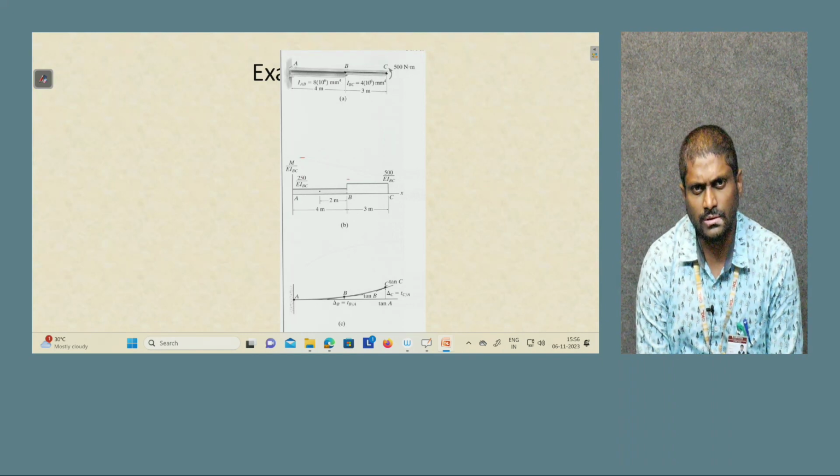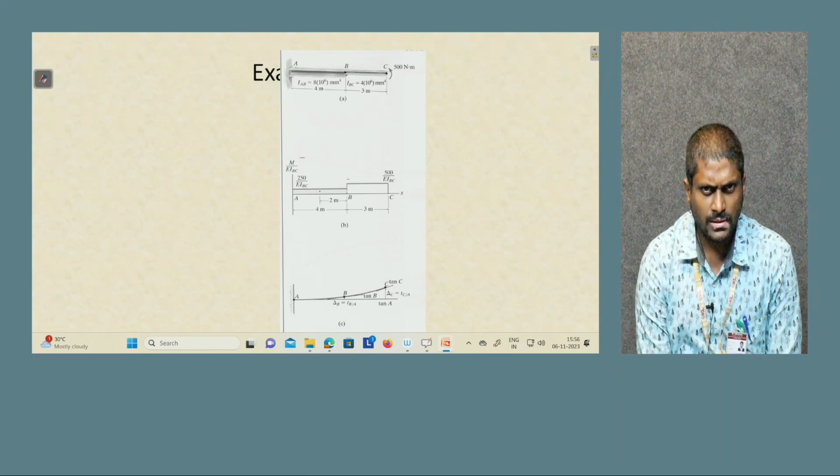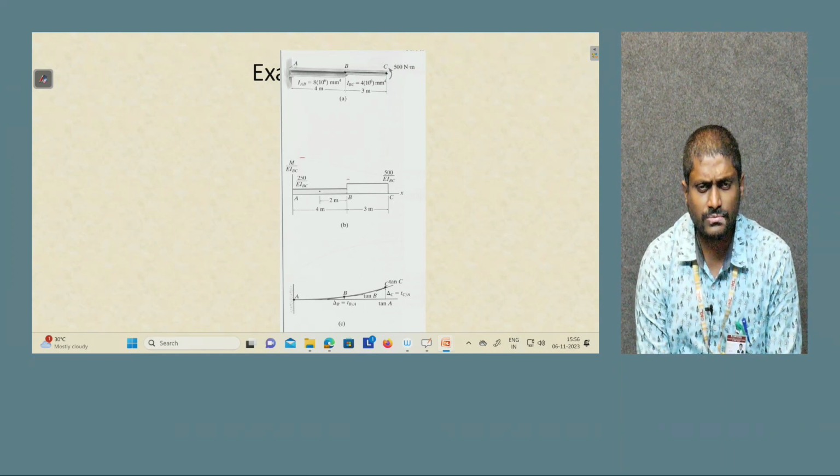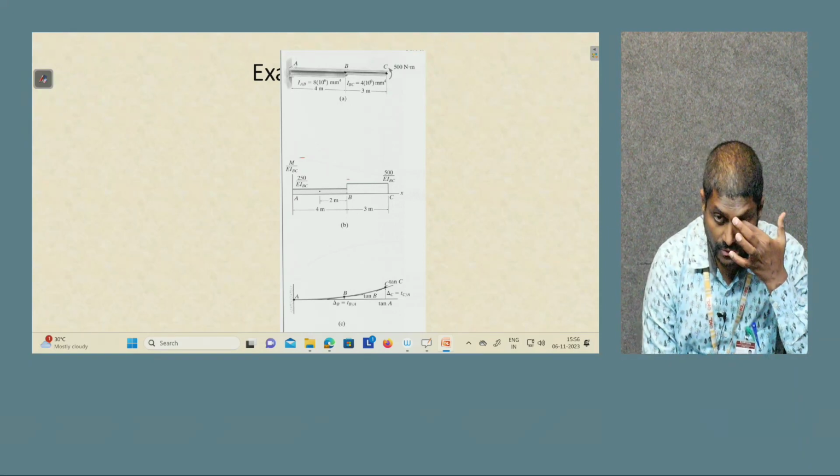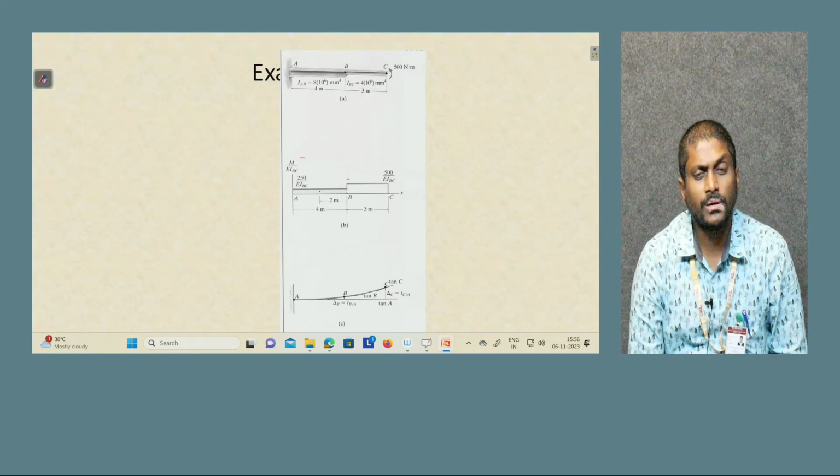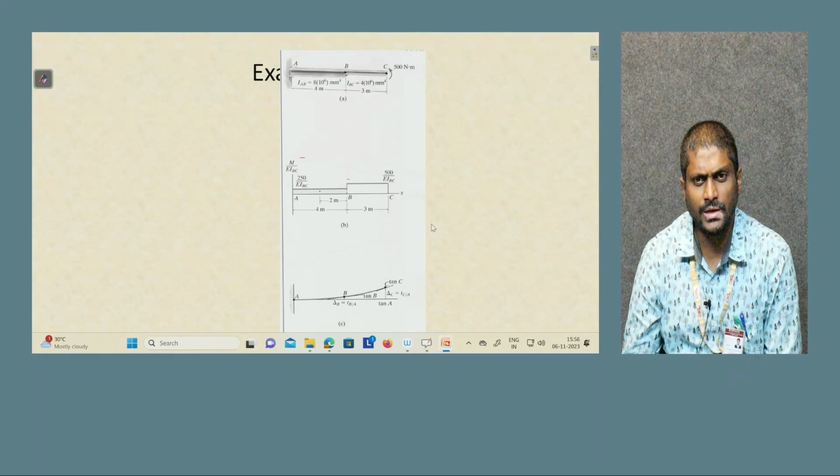When unknowns and equations are the same, and the difference is 0, then we call that beam a statically determinate structure. In the regular process you can calculate the magnitude of the bending moment. Once you get it, you divide it by EI, that is the flexural rigidity.